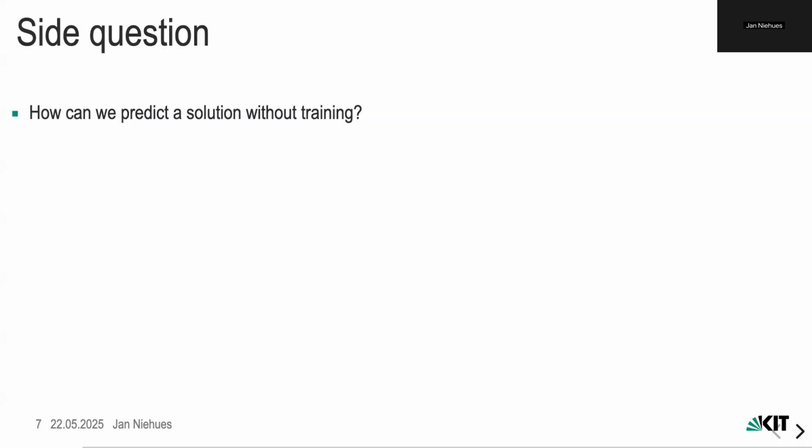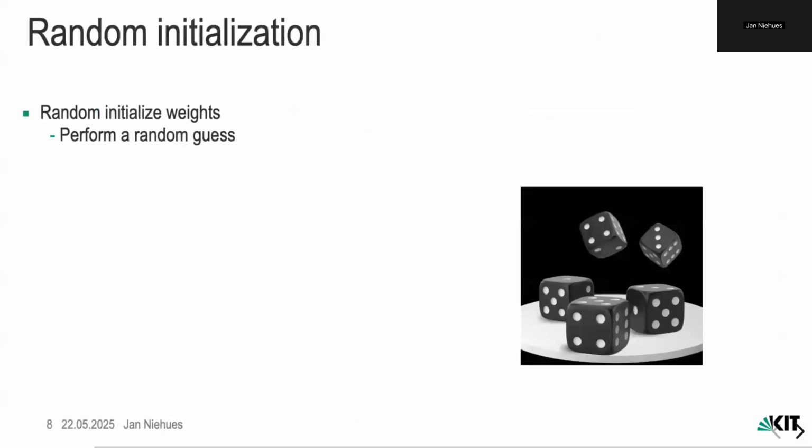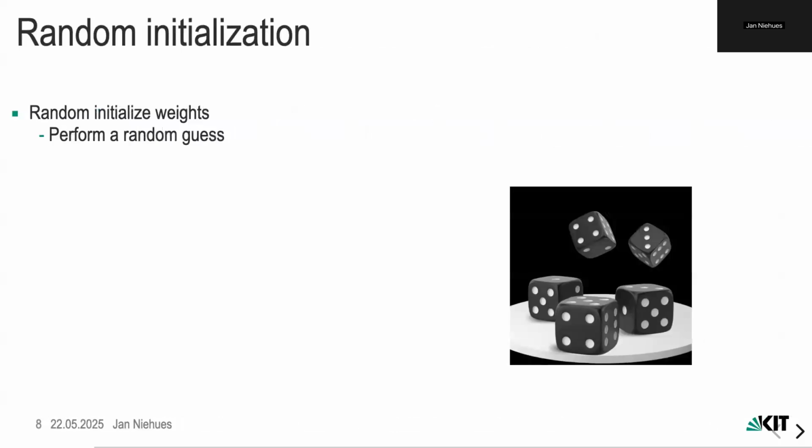Yes? Initialize the weights randomly. Exactly. That's maybe a bit surprising: you can just do random stuff. And we will later see it's really important to do it randomly. Just setting everything to 0 will not give a good training.